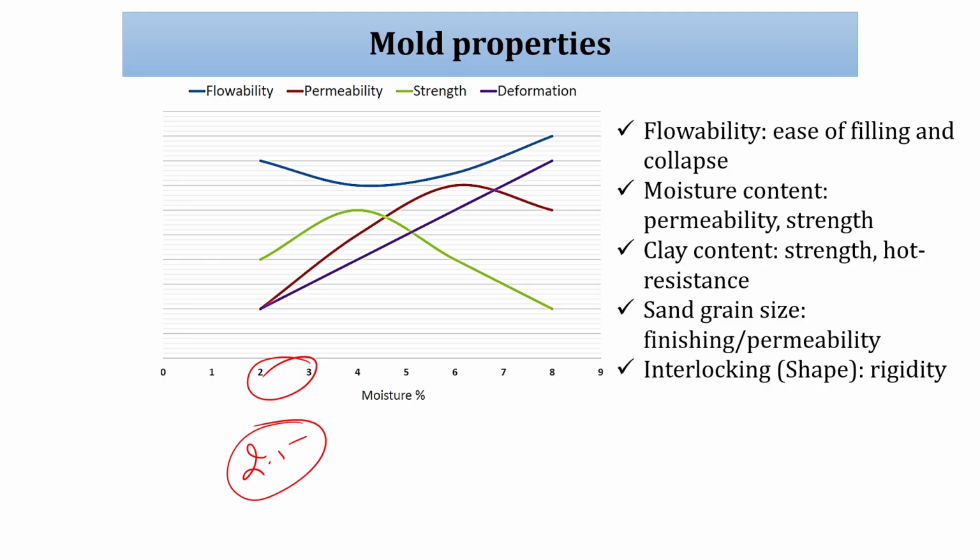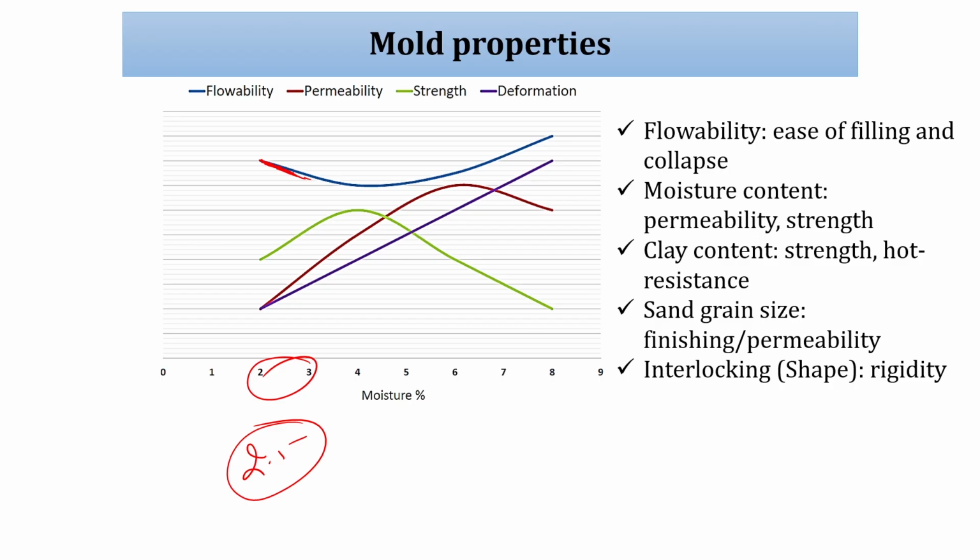What will happen with that? First, flowability. If you are adding water to sand, flowability will decrease. Let's assume 100% sand and you are just adding some water. It will not flow too much, it will be a slurry kind of thing.